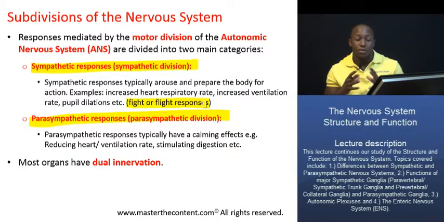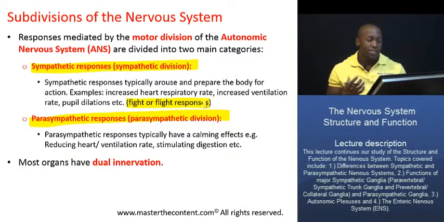Now, the responses that are mediated by this division, the parasympathetic division, tend to have what is a calming effect. For instance, they slow down your heart rate, they will slow down your rate of ventilation, they will actually stimulate digestion as opposed to restrict it, etc. So as you can see, most of the responses that are mediated by these two divisions of the ANS are largely antagonistic.